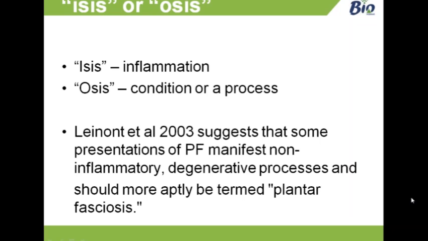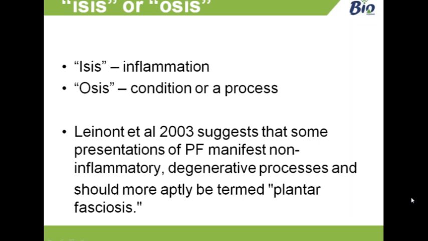And anything that has osis on the end means that it's a condition or a process. There are other meanings with osis on the end, like diseased or abnormal, as in the word psoriasis, and sometimes it can mean an increase or a formation, like leukocytosis.